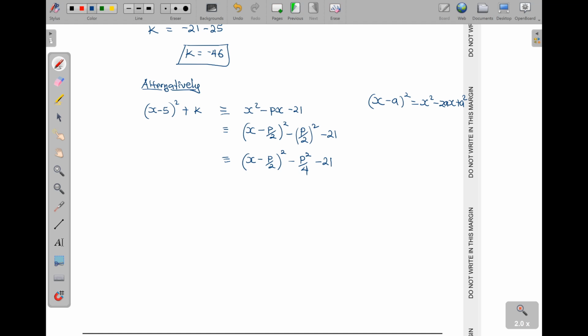Then I can take this term that doesn't have x onto this side. So that means we can have (x minus a) squared minus a squared is equal to x squared minus 2ax.